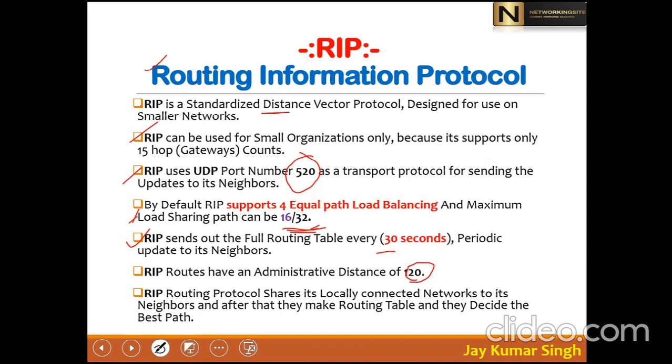That is the number tag. With that they come to know which one is the best. RIP shares its locally connected networks with its neighbor, then they make a routing table, and in that routing table they decide which is the best path.